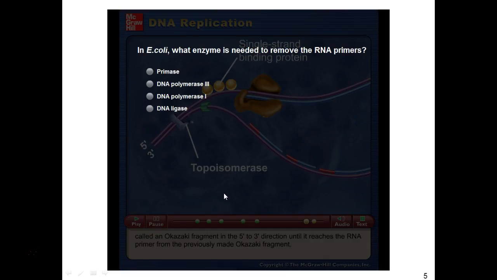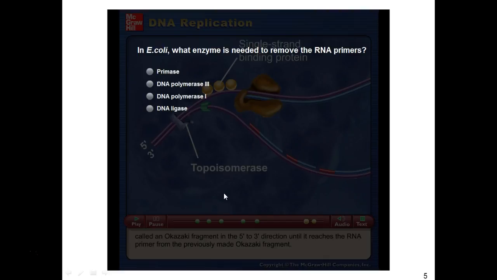So the problem with that is, this enzyme can only go in one direction. But remember, DNA is anti-parallel, so the opposite strand is in the opposite direction. As we're separating them, that leading strand, we can just go right down that strand. With the other strand, as it's being separated, it can't follow because it's got to go in the other direction.